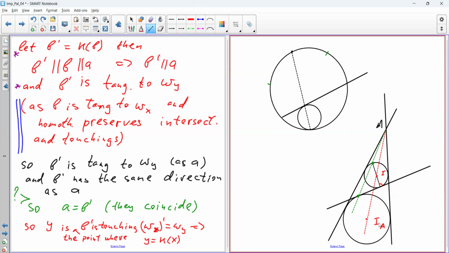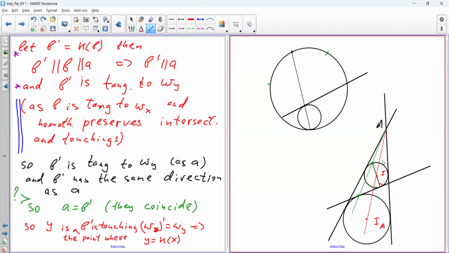Here we have the incircle and the outer circle. The easy part is to prove that the centers and the vertex lie on the same straight line, but this is quite famous even without any homothety.